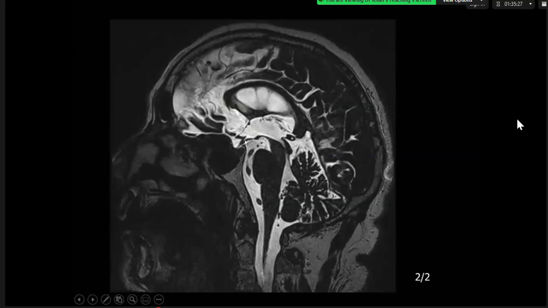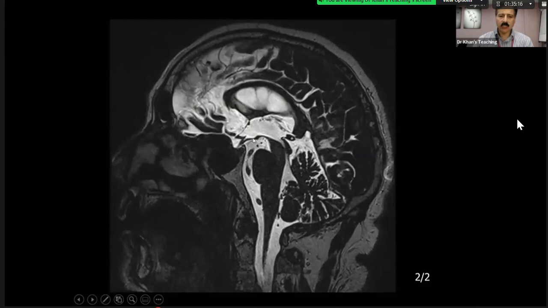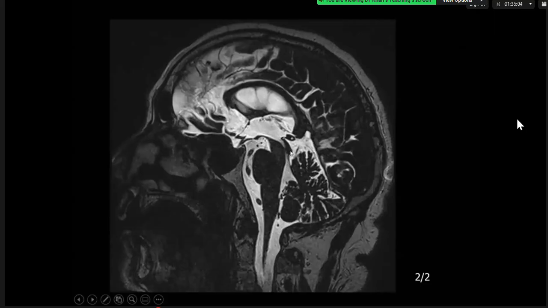Sulcus terminalis. So this is what we call the floor of the third ventricle, right? Okay. Floor of the third ventricle, and also known as hypothalamus. I'll come back to hypothalamus, but posteriorly, what is here? What is this overall? That's the tegmentum area, and there is an aqueduct of Sylvius there.